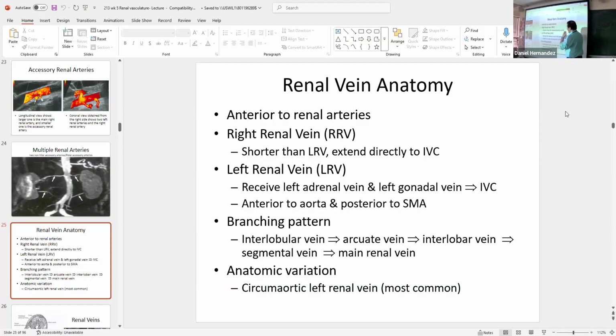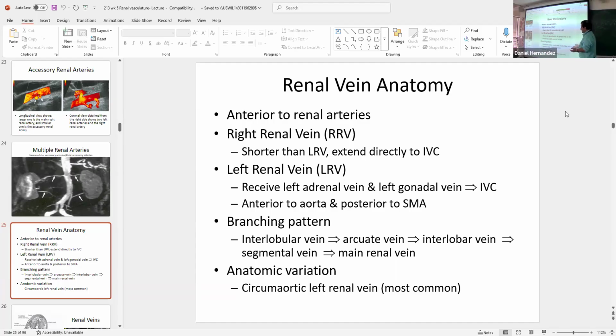The left renal vein also has some tributaries draining into it: the left adrenal vein, as well as the left gonadal vein. If it's a male, it's the left testicular vein. If it's a female, it's the left ovarian vein. Both drain into the left renal vein, and that subsequently drains into the IVC.